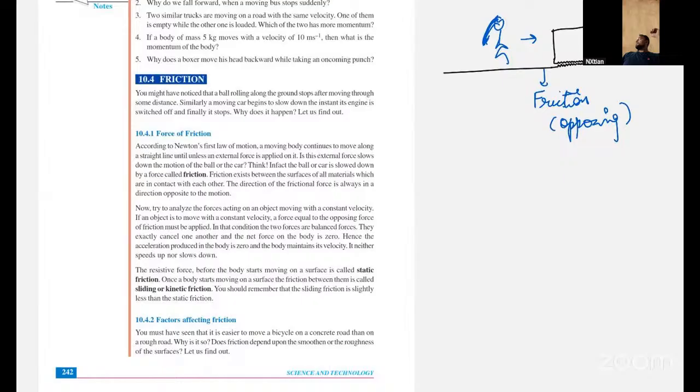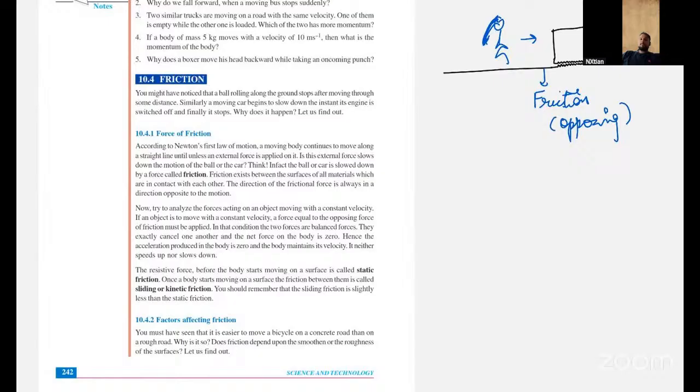For example, who did ice skating? Anybody who did ice skating? Okay, me neither. So basically, in ice skating, you saw it or not. The ice skate has a blade type thing with which they glide on the ice.